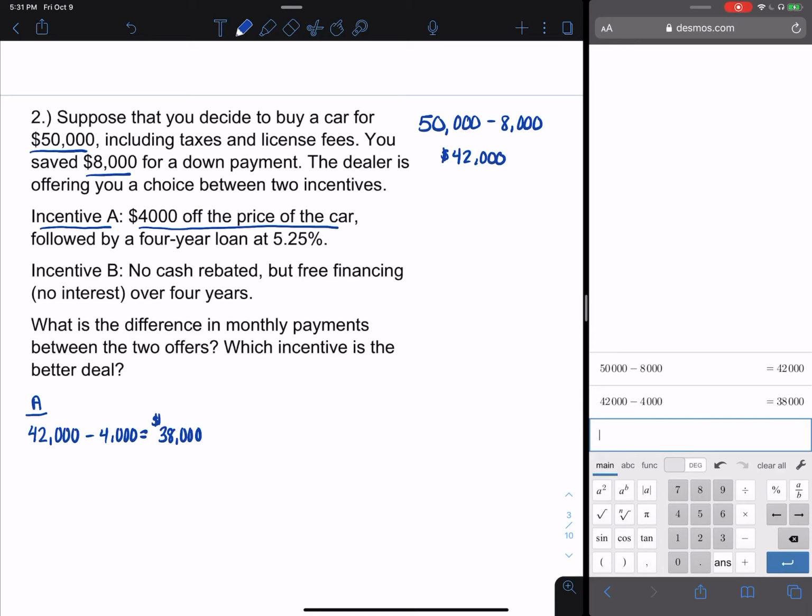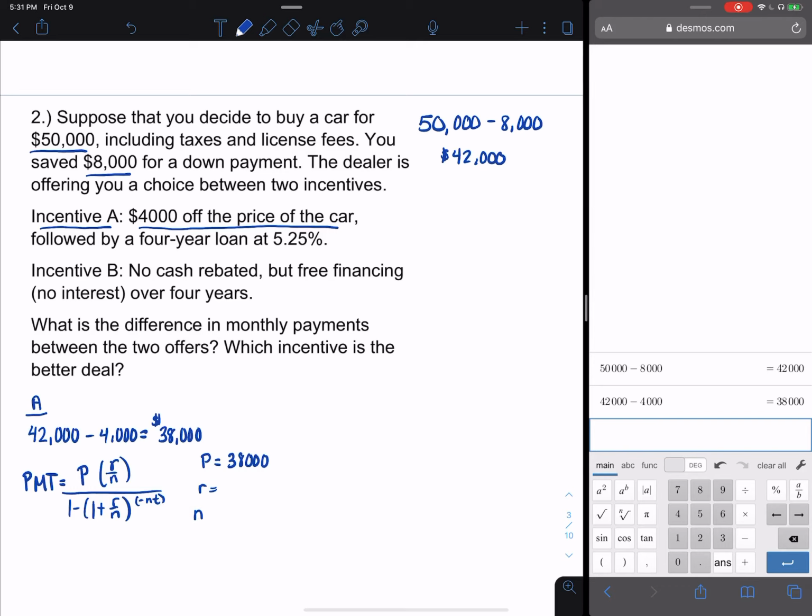So now we know we need to find the monthly payment. The formula for monthly payment is that payment equals P times R over N, all divided by 1 minus 1 plus R over N raised to the power of negative NT. So we just figured out that the principal for this incentive is going to be $38,000.